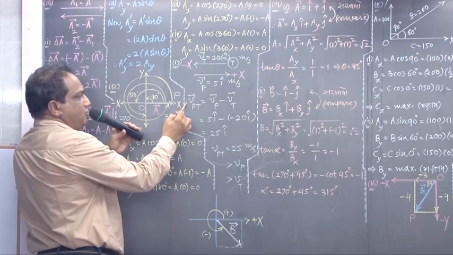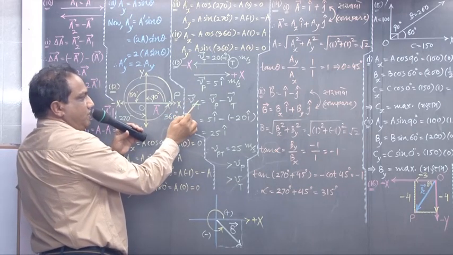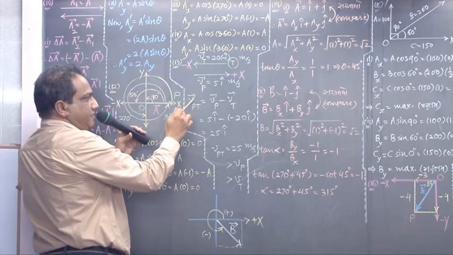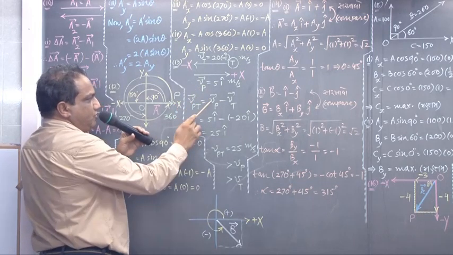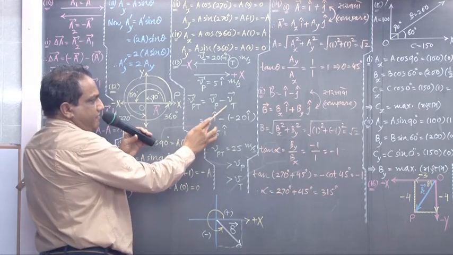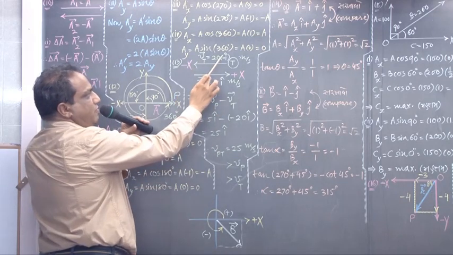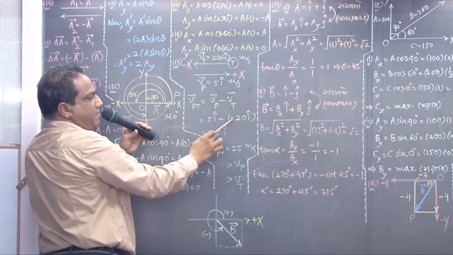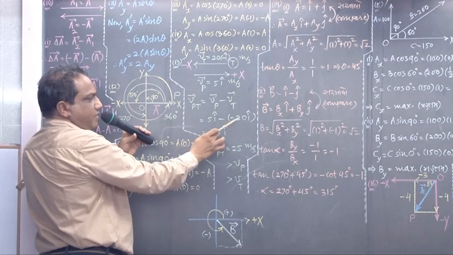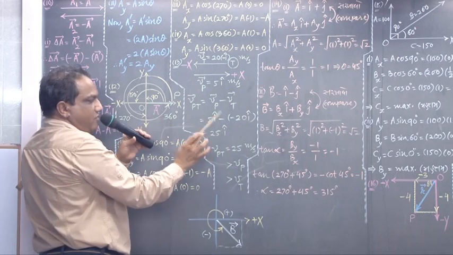Now, don't you know the velocity of the person with respect to the train? It is the velocity of the person minus the velocity of the train. What is the velocity of the person? 5 i hat, minus the velocity of the train. The velocity of the train is right now minus 20 i hat. Minus minus makes plus. So 5 i hat plus 20 i hat. How many? 25 i hat.